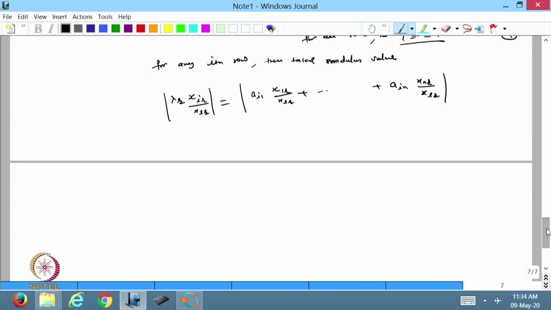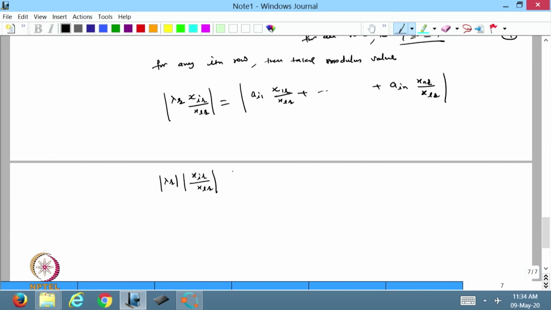Now, from here we know that this can be written as lambda_r into x_i^r by x_L^r, and this one I can apply the triangle inequality.